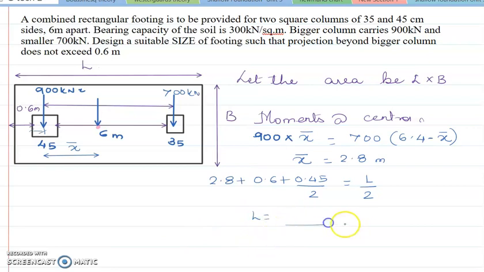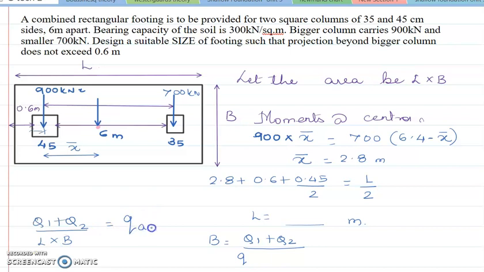So the moment you know the L value, how do you get the value of B? B will be given by total load Q1 plus Q2 divided by bearing capacity. See, actually the equation is (Q1 plus Q2) upon area, that is L into B, is equal to your allowable bearing capacity.